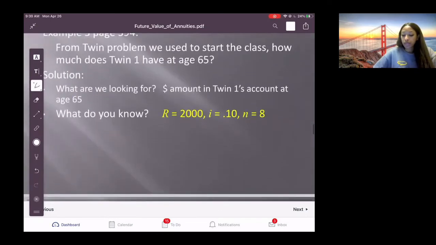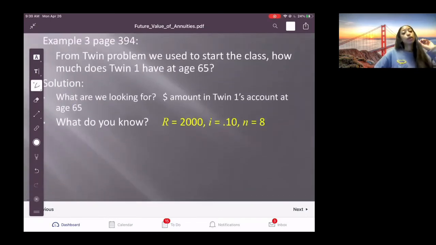Okay, what do we know? Twin 1 invests $2,000, so that's R at the end of every year. The money is still earning 10% interest per year, and twin 1 only invested this much for 8 years and then said, I quit investing for retirement. Okay.